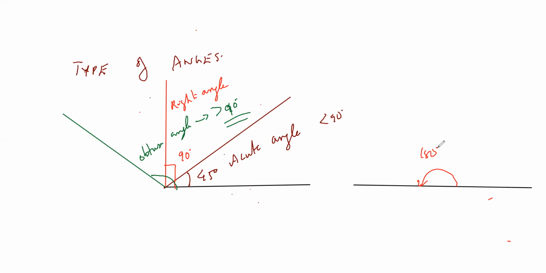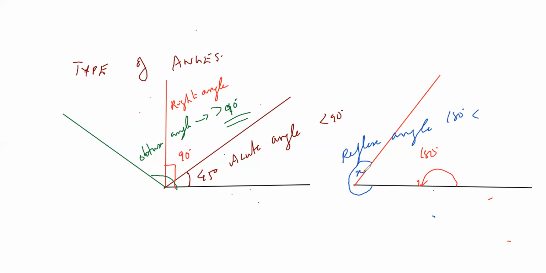Or else, one more thing I'll just show you here with this itself. I want to calculate something like this. Correct? So this is called a reflex angle. This blue color one is called a reflex angle. So which means it is greater than 180 degrees.